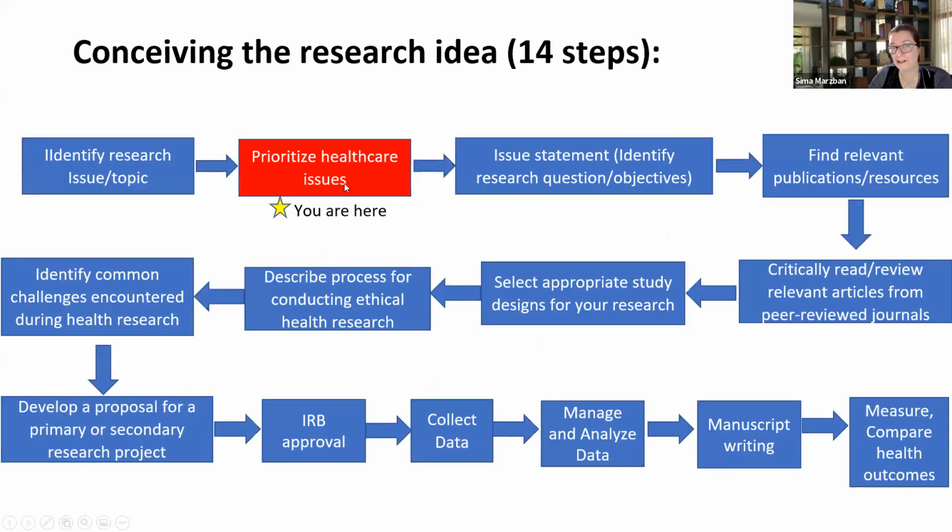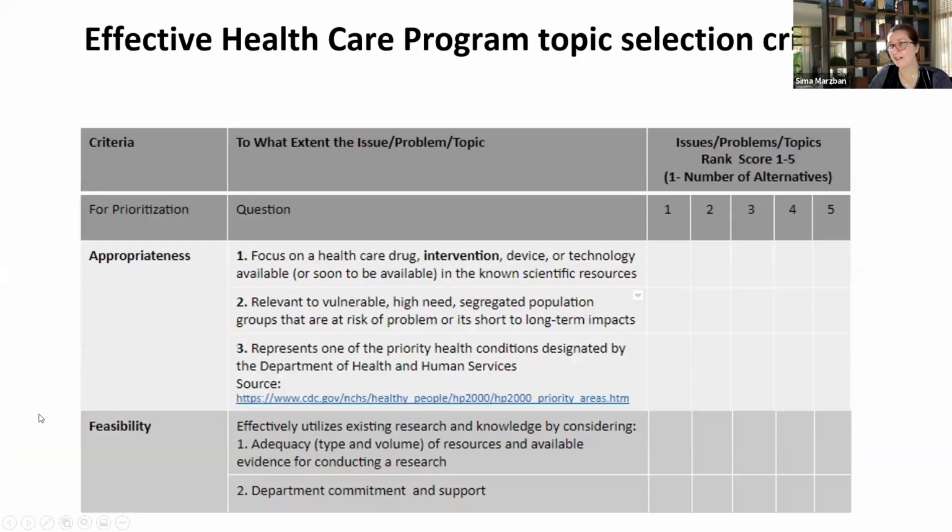So we are here. How to prioritize these healthcare issues and research areas that we have listed. You will list the research areas and you will list issues and problems under your research area in the worksheet. So please do it through next month.